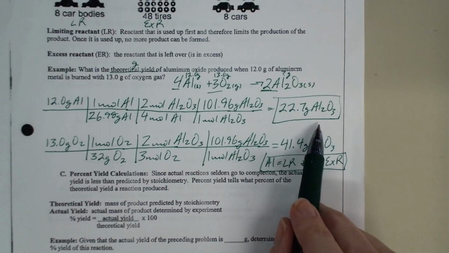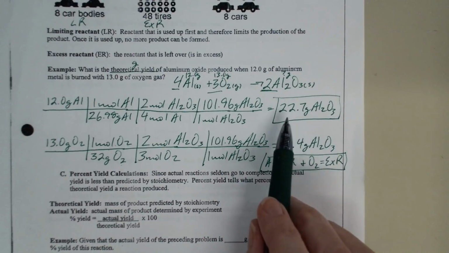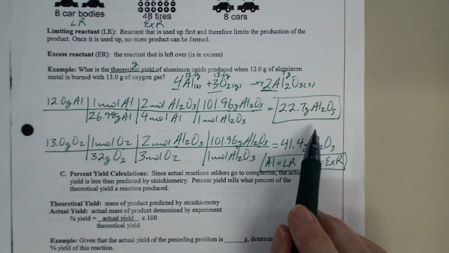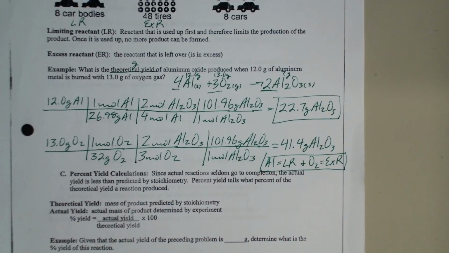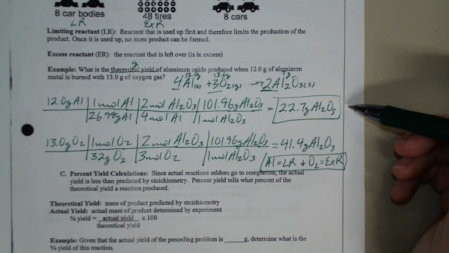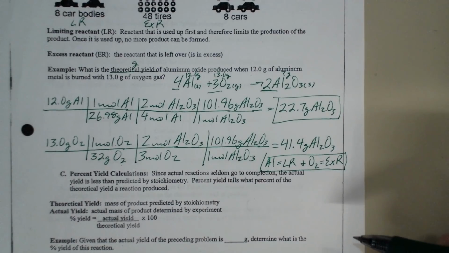Please don't ever label the end product as a reactant. That means you don't know your vocabulary. You haven't been listening in chemistry this entire time. This is not the limiting reactant. This is the amount that could be produced if I use up the limiting reactant. That's all that this is. Okay? And that's how you do limiting reactant problems.